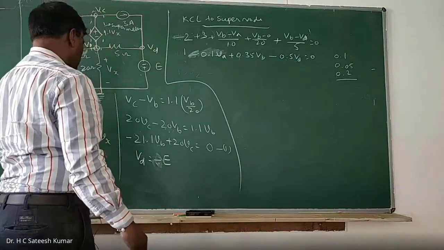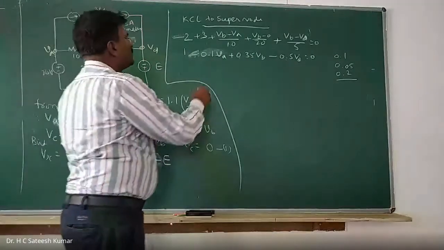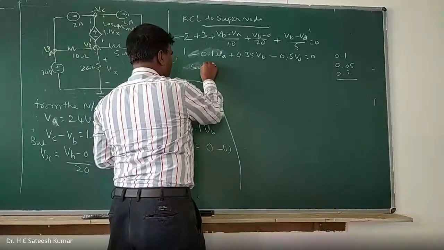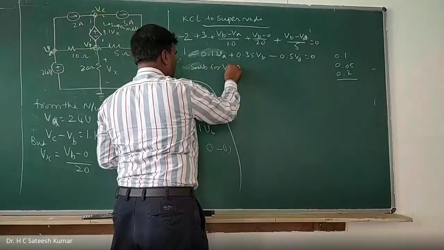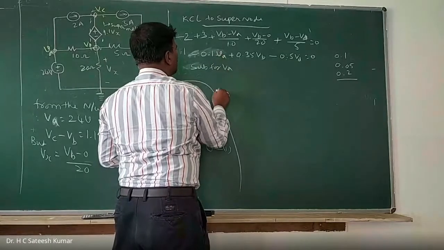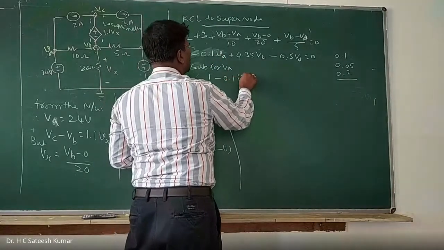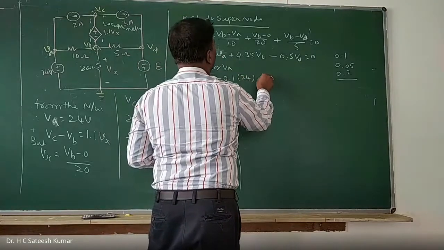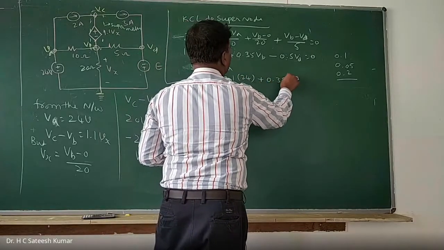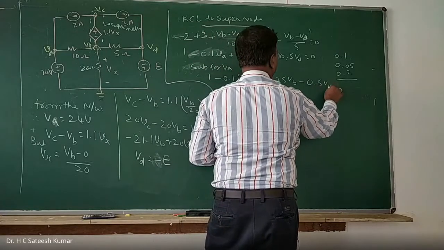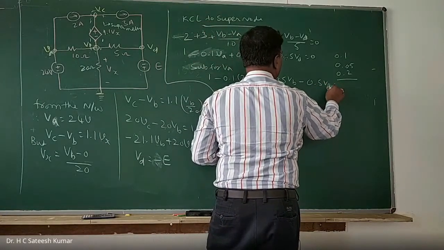So 1 minus, substitute for VA: 1 minus 0.1 into 24 plus 0.35 VB minus 0.5 VD is equal to 0.